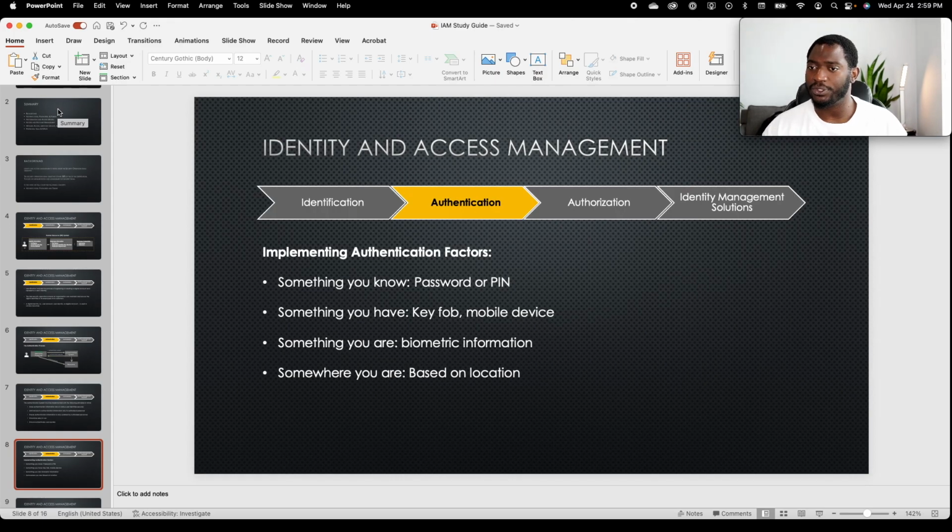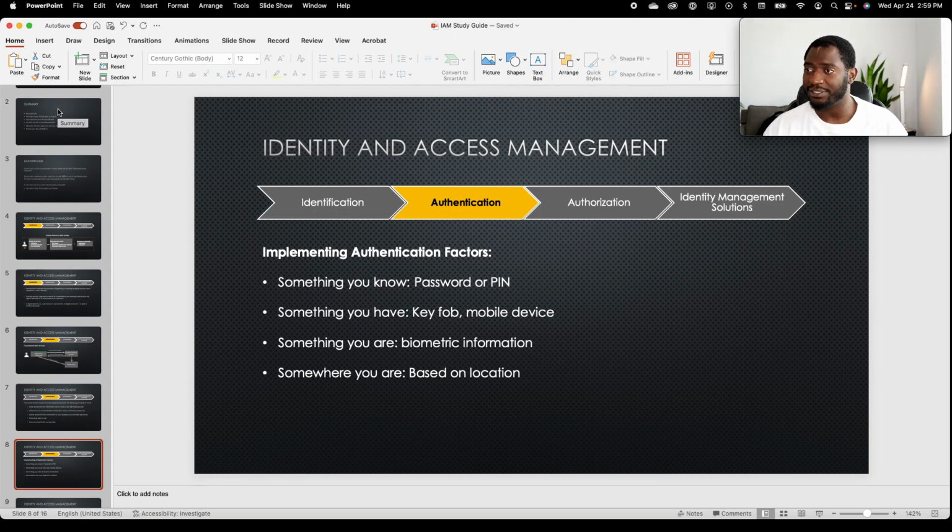The next is going to be something you have. So this can be a mobile device or a key fob or a smart card. Something you are is solely dependent on your biometric information. And then somewhere you are is based on location. Now, these are all various types of authentication factors that can be designed within an organization to enable the authentication of employees or customers.